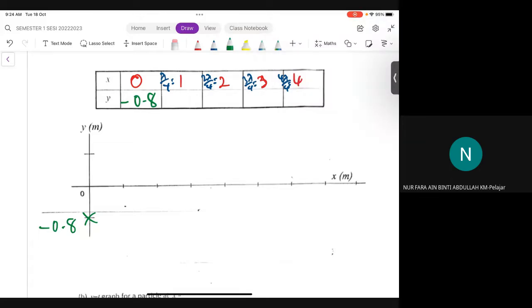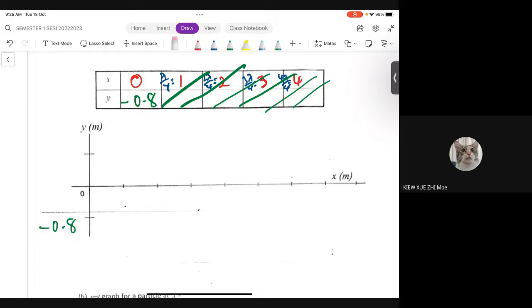Boleh ke saya buat? Perlu ke saya buat the next one? Tak payah. Kenapa tak payah? Sebab dia sudah negatif kan. Yes, because we already know dia punya shape dah kan. Because dia adalah dekat negatif. So dia akan jadi satu cycle lah. So kita akan buat macam ni.